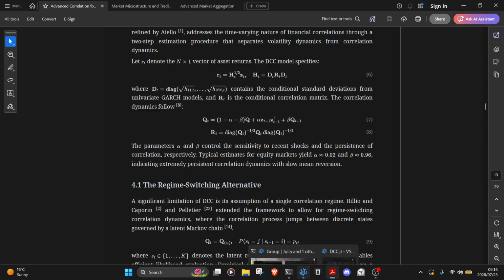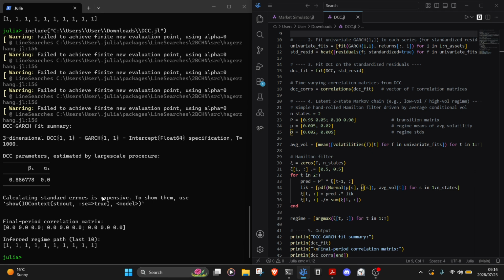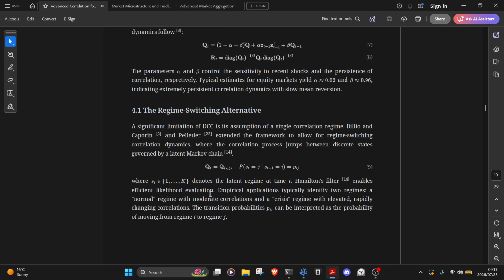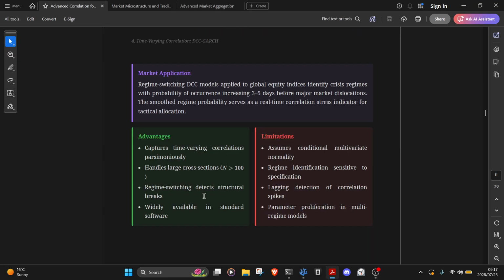Not saying that this means anything specifically about the random numbers. All I'm saying is that the beta and alpha parameters are fairly close to the empirical parameters found for equity markets. It was just a little toy model to show you the model applied to random numbers.